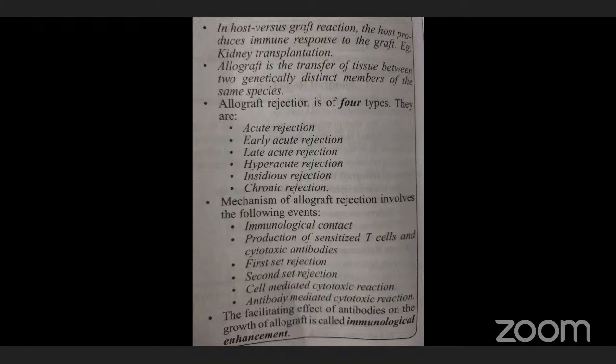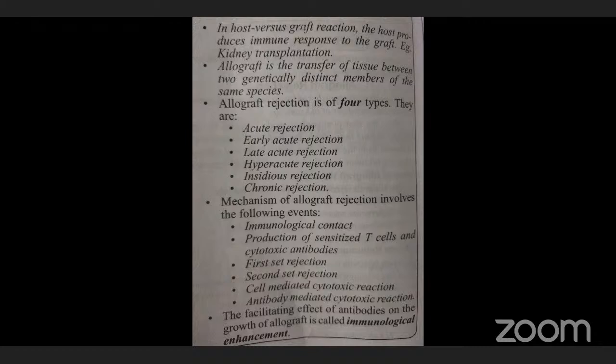Clear. Genetically different, but the species is the same. So here antigens should show some differences. Histocompatibility antigens are dissimilar. Hence the immune response is elicited and the graft may be rejected.